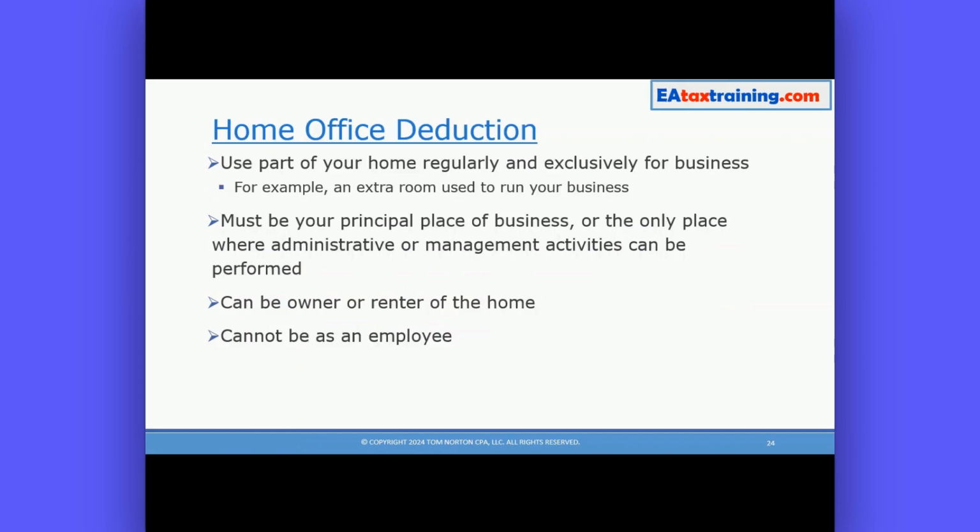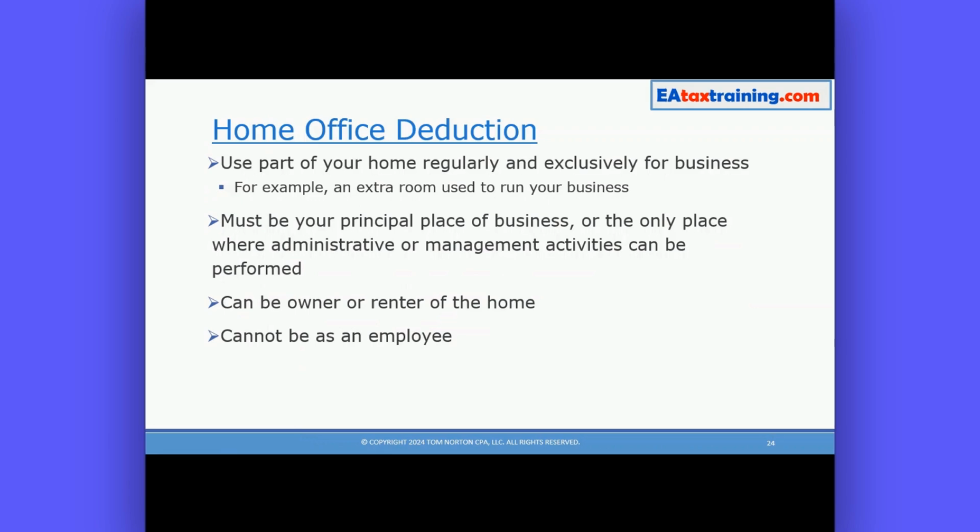Home office deduction, we did cover this in part 1. Going to go over it again briefly here. You can take a deduction for the use of part of your home as long as that part is used regularly and exclusively for business. So, for example, you've got an extra room that you use to run your business. It must be your principal place of business or the only place where administrative and management activities can be performed.